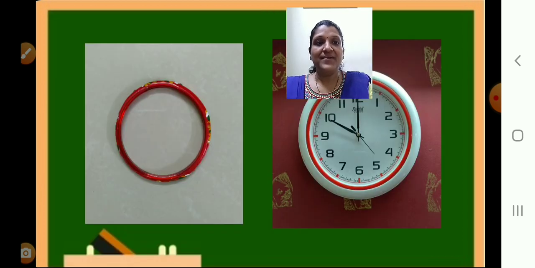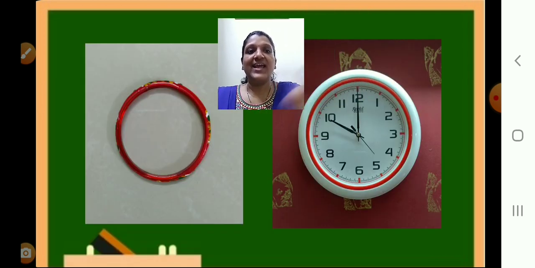Shall we see? Yes, see? A bangle. A bangle is in circle shape. And a clock. A clock is also in circle shape. Okay, children? Like this, you can find many other objects around you in circle shape.